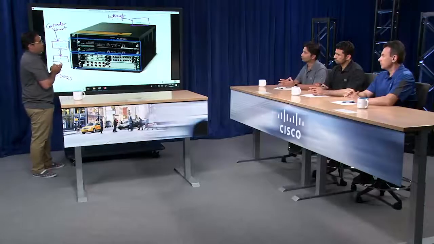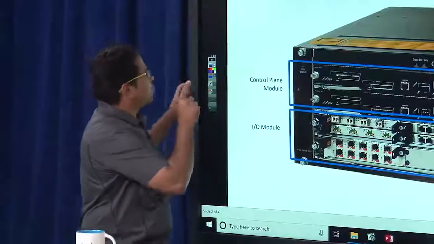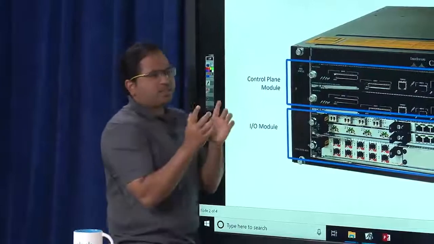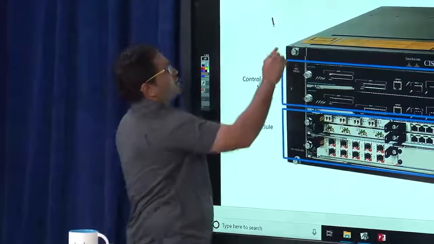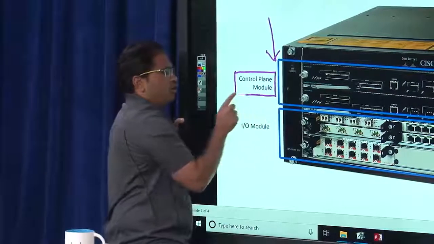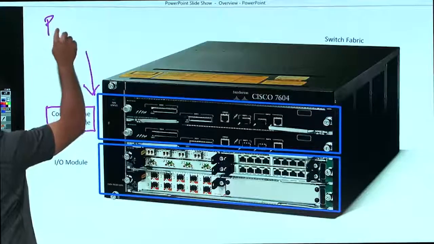So Vinay, can you highlight what are the critical advantages of having done this at an architecture level, of taking the I/O to the edge and taking the control plane module to a controller? Okay, that's a good question. So what are the advantages? Like I mentioned at the start, what was formed on the control plane module was your routing information base, or your routing table.